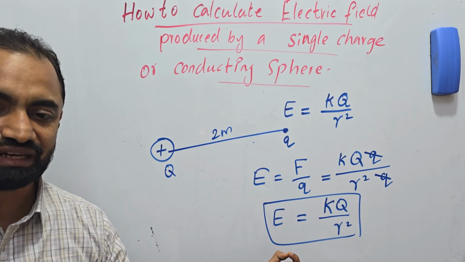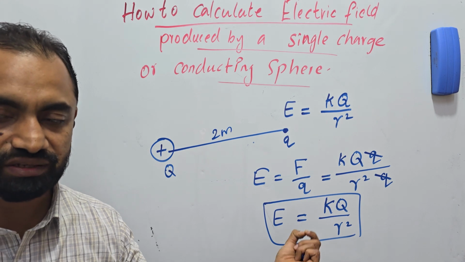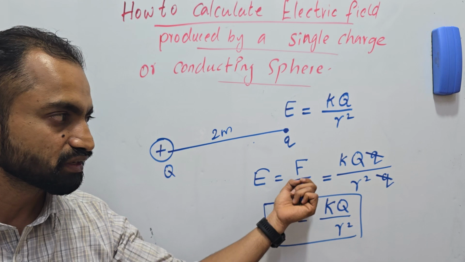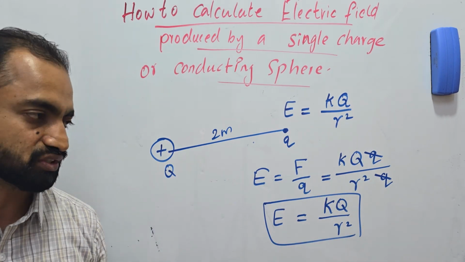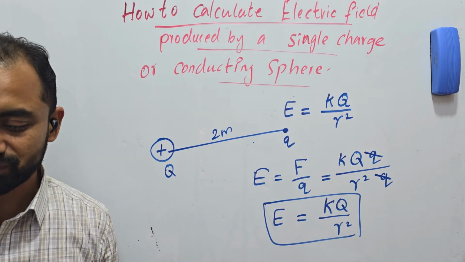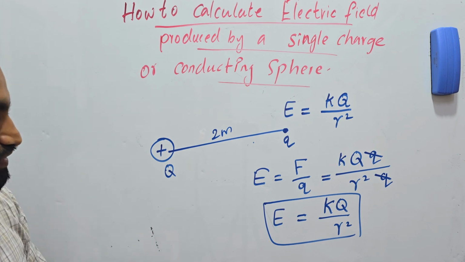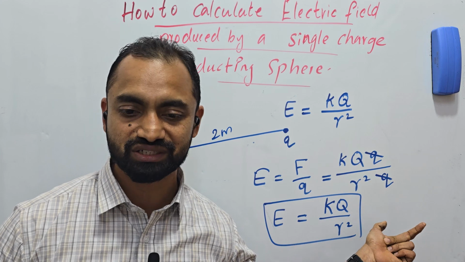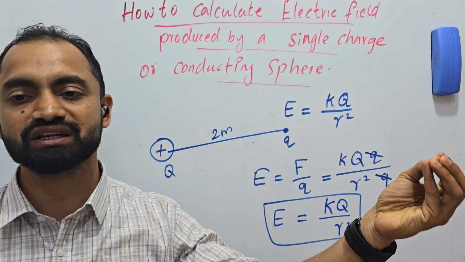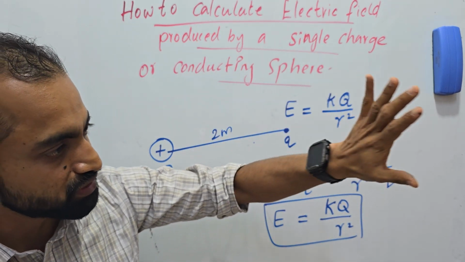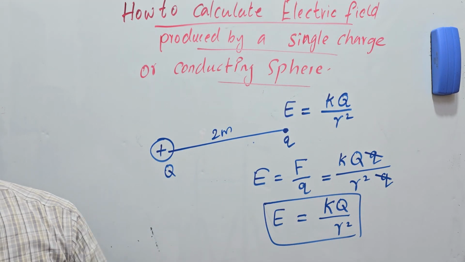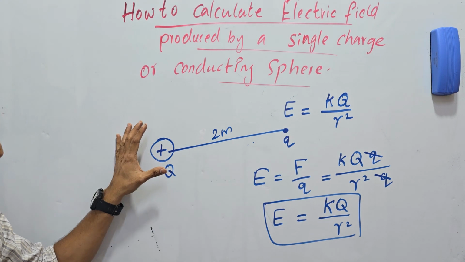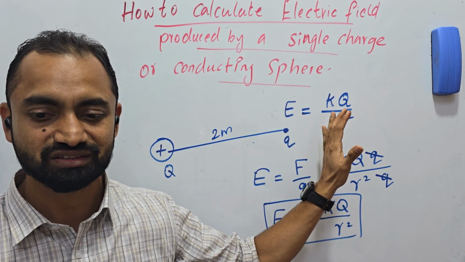So the electric field strength is independent of the test charge. Would you find the same field strength? Yes. Why? According to E equal to KQ by R square, the strength of the electric field does not depend on the test charge at all. The strength of the electric field depends only on the source charge and the distance.